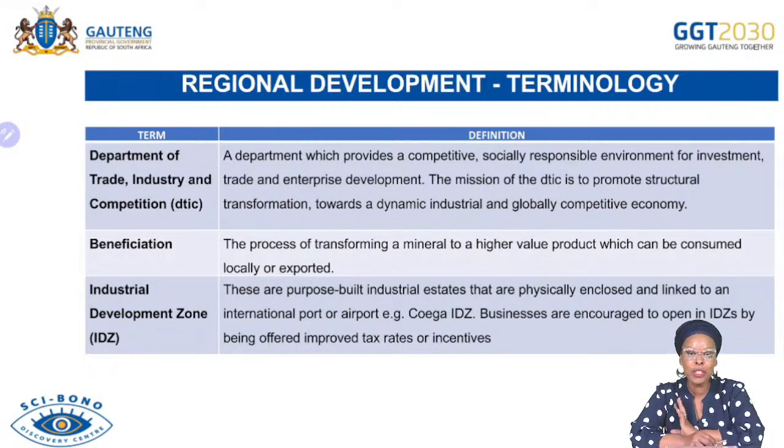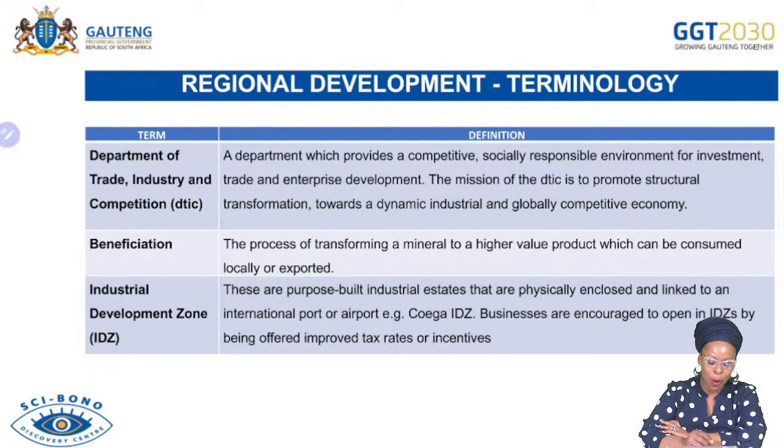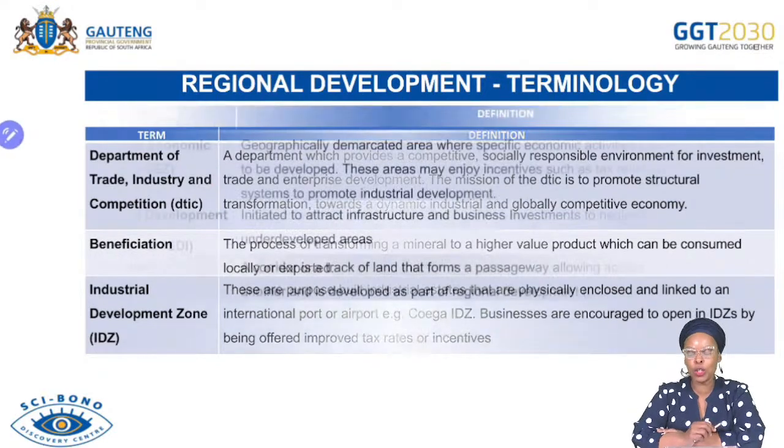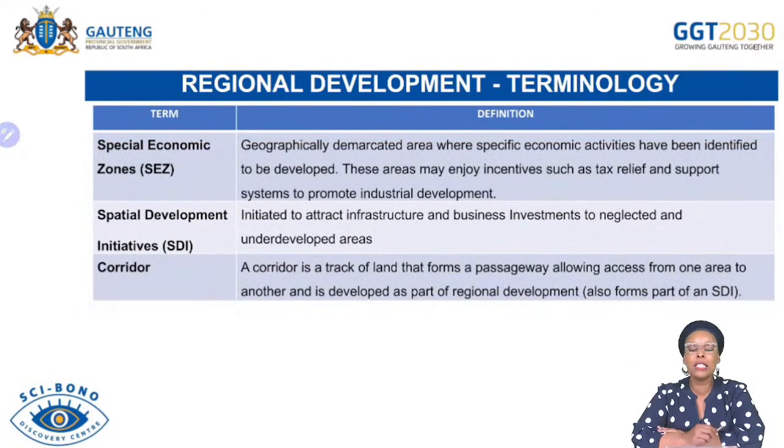But for now, I want you to take note that you need to know what the Department of Trade, Industry and Competition is. You also need to know what the term beneficiation means, and what industrial development zones mean. This terminology will also help you to understand this particular topic.